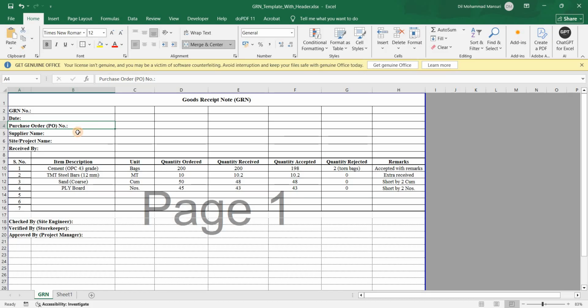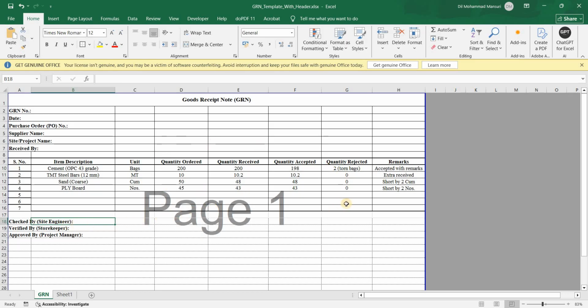So write the purchase order number, the supplier name, which supplier's vans came to your site to deliver the materials, then the site or project name, and received by, who received this, that may be a storekeeper or a site engineer, whoever is available on site to receive those materials. And then make sure you check, and there must be a witness too. So they will act as witnesses, the project manager or site engineer, if it is the case, so everybody is informed.